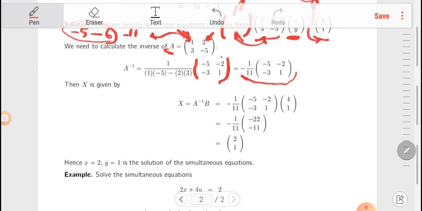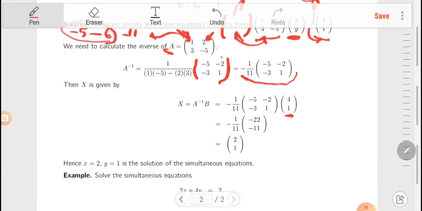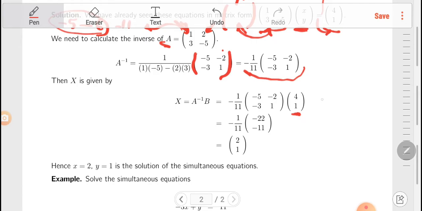So our task now is to multiply the inverse matrix by 4 and 1. Multiply first, before distributing negative 1 over 11, please. How to multiply? The first row, first column: negative 5 times 4 plus negative 2 times 1.